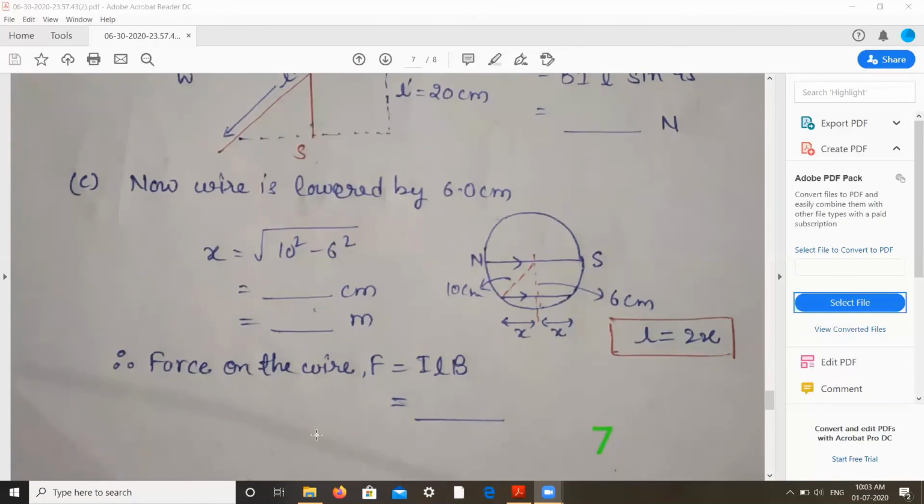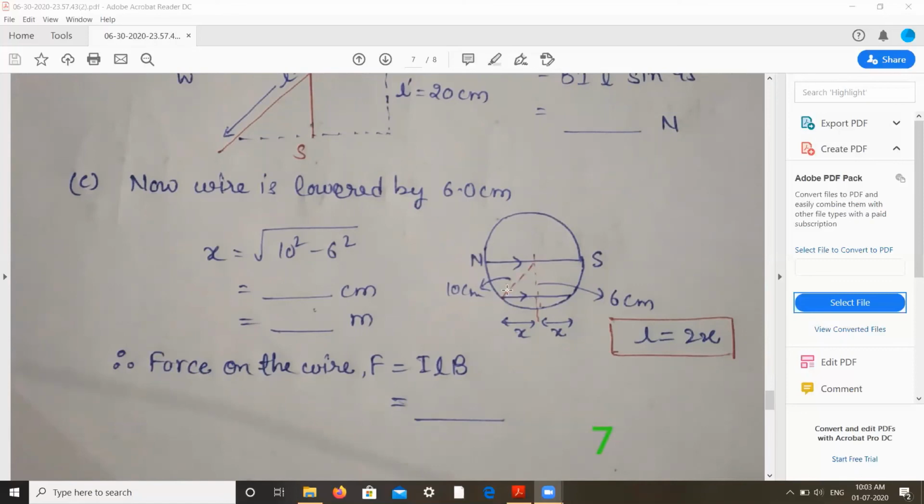You will not pass through the center of the axis; it is displaced by 6 centimeter. Earlier it was north and south passing through the central axis. Now I have taken it 6 centimeter to one side. So my radius remains the same and my distance is 6 centimeter from the central axis.